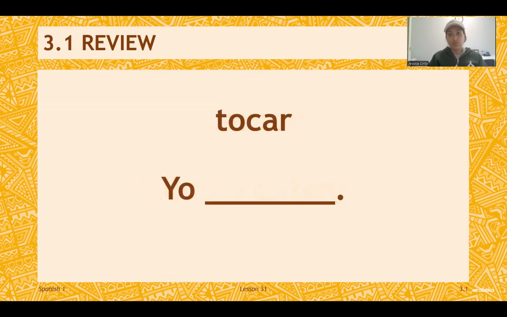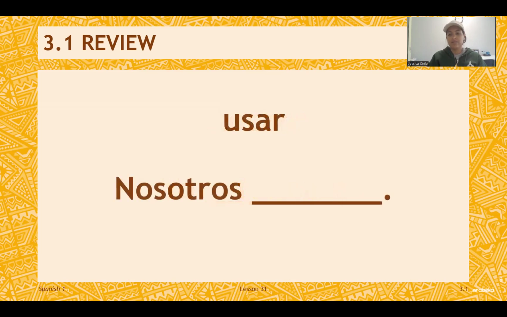Please use your notebook, okay? And just write notes for lesson 31 and have these verbs conjugated there. I'm going to be looking for that to see if you are practicing, okay? Tocar, yo has to end in O. So it's yo toco. Usar, for nosotros, has to end in amos, okay?